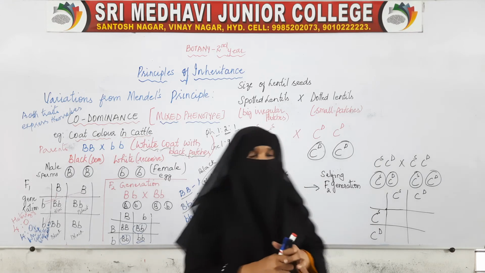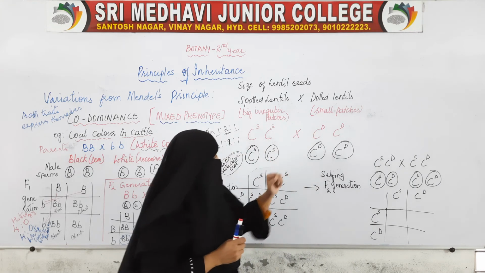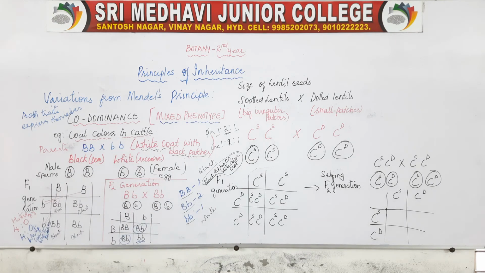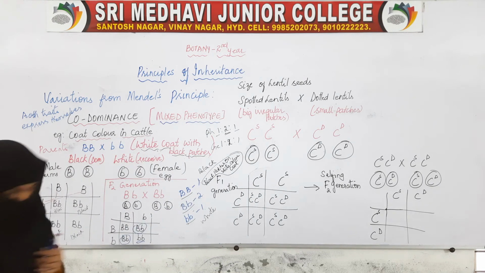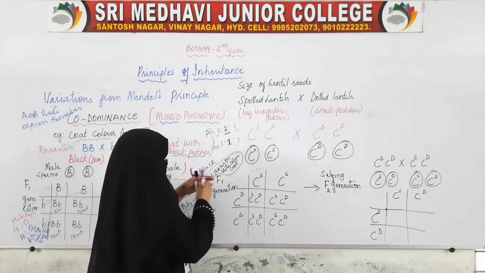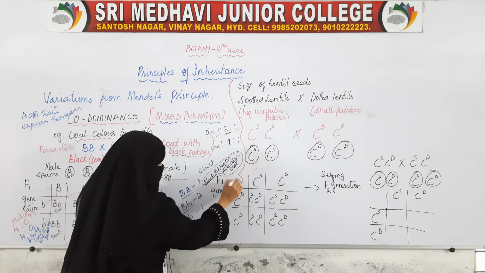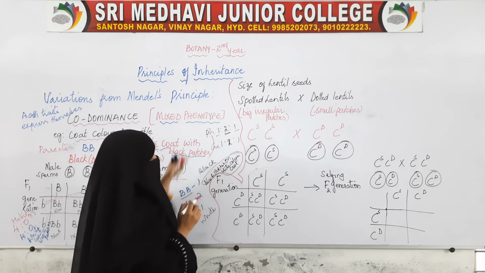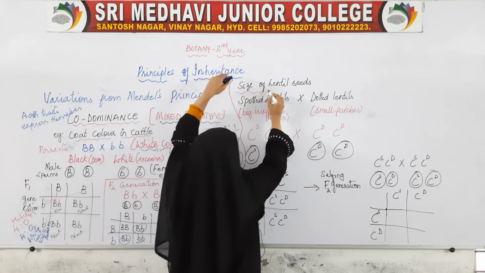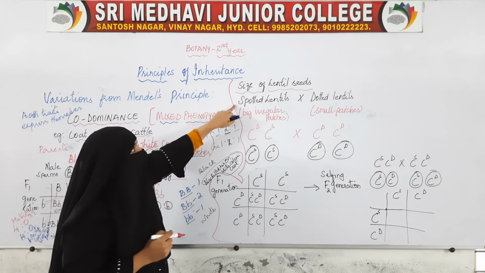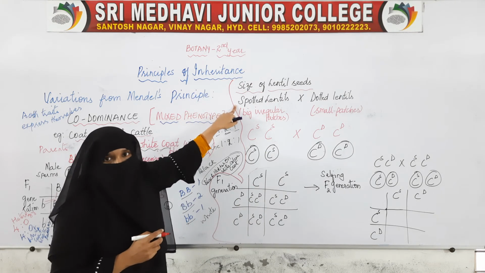We have another example which shows codominance. I'll erase this one. This is another example, the size of lentil seeds. One is spotted lentils.